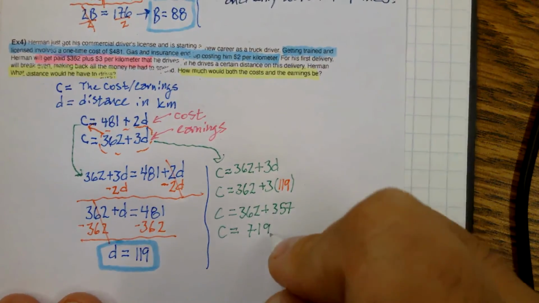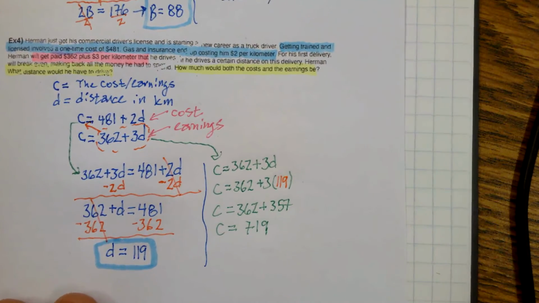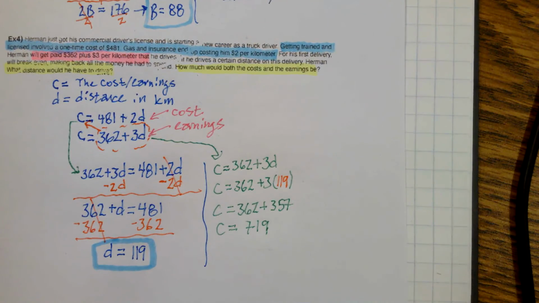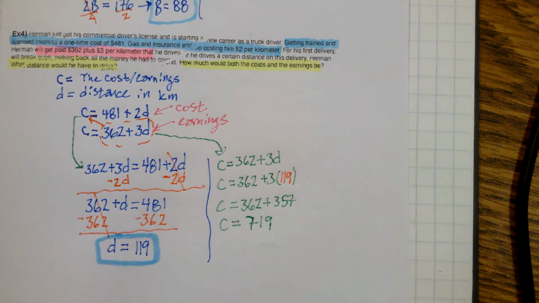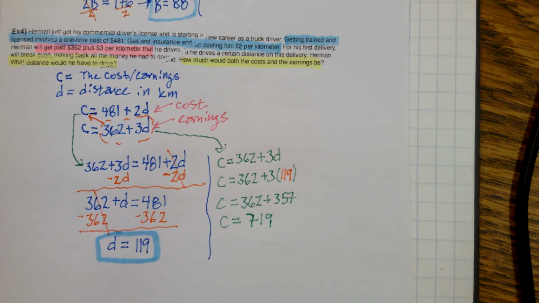So the break-even point is at $719. So after he pays out from his first earnings, $719, he starts making money. He's paid for his training and his license, and now it's just making money.